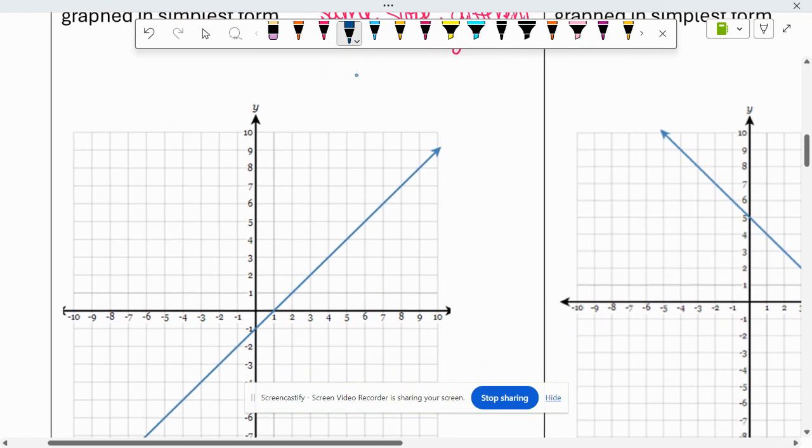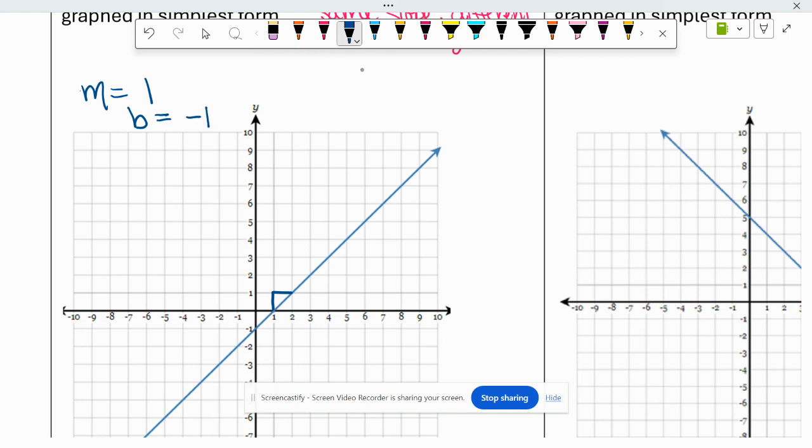So what is the slope of the given line? Yeah, the slope of the given line, up 1 over 1. And what's the y-intercept of the given line? Negative 1. Okay. So the parallel line that we need to graph can have what kind of slope? If it's parallel, what kind of slope does it need to have?